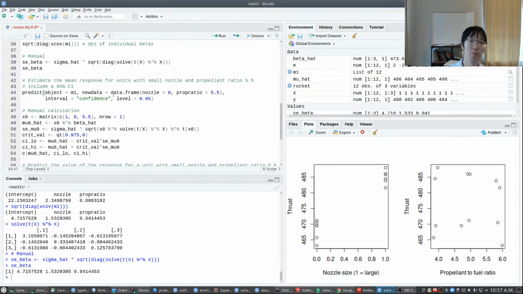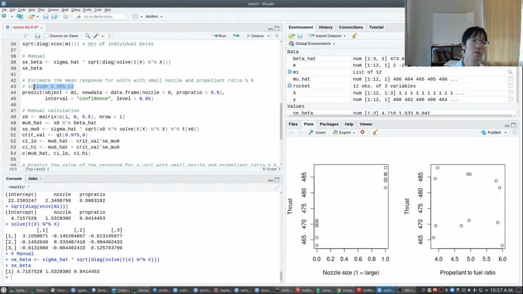Put it inside a data frame and call that our new data object. Okay, and then we have to specify what kind of interval we want. For the mean response, we use the value confidence. You'll see it's different when we do the prediction for an individual unit, and we also need a confidence level.